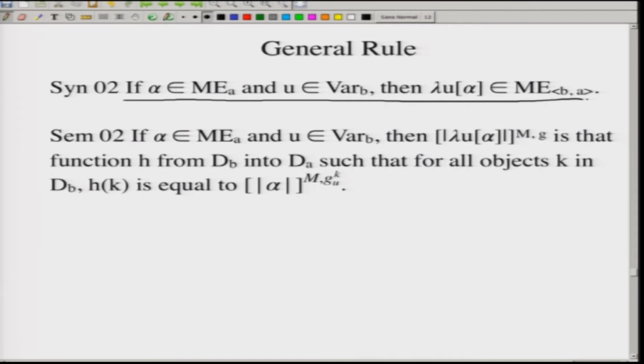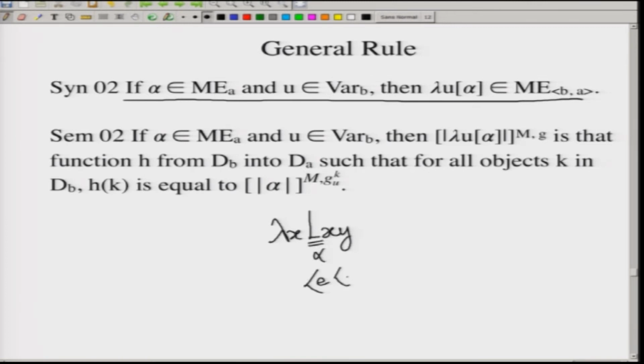For example, now m x, L x y, say for example, here alpha is in M E A, and this is our alpha, and what is the type of it?